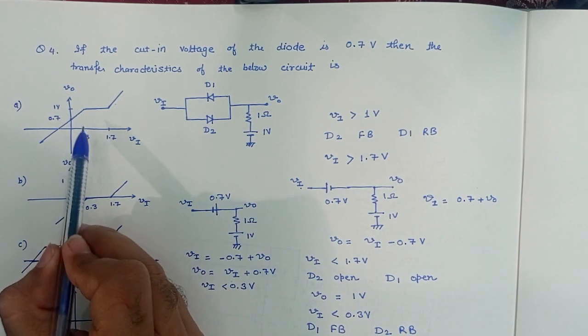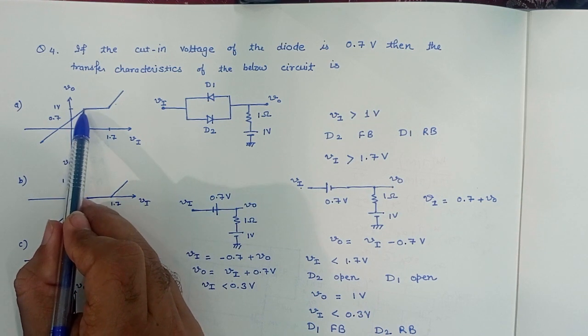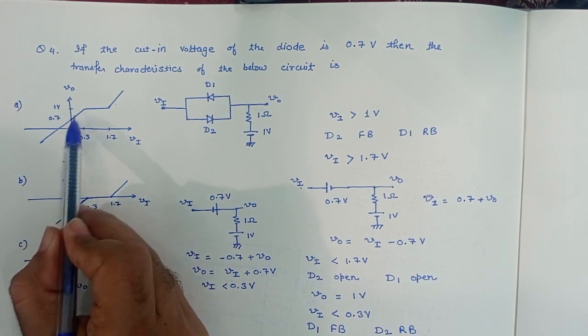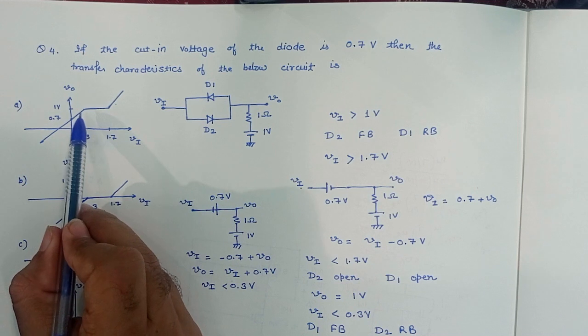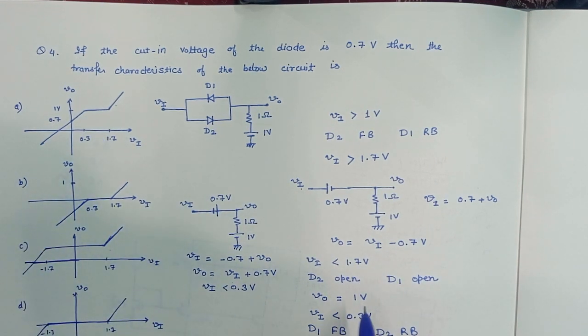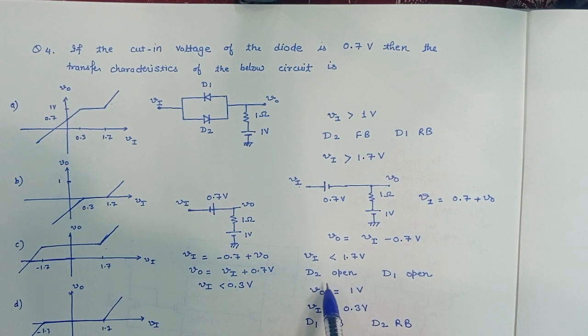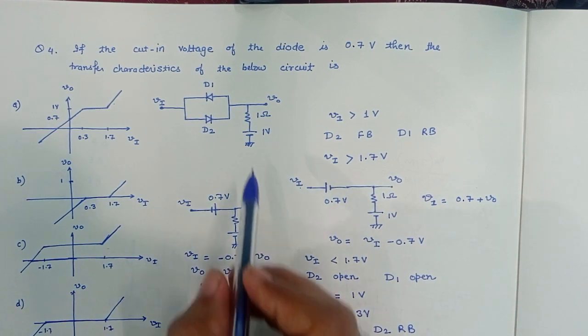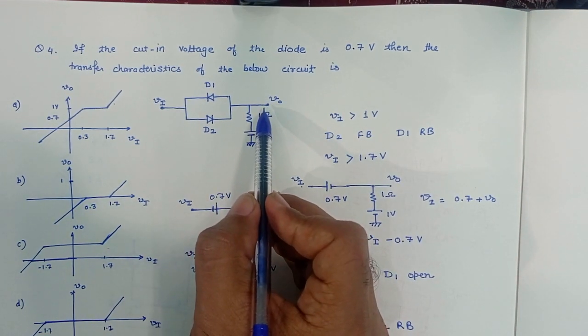for less than 0.3 volt, the slope is again unity. For 0.3 to 1.7, diode D2 and D1 both will be open and the output voltage is raised to 1 volt.